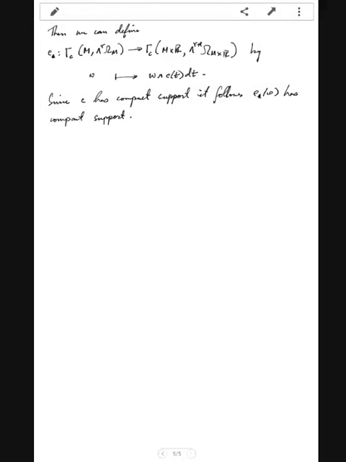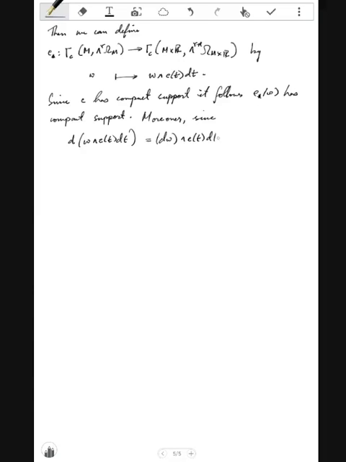Moreover, since d of omega wedge E of t dt is equal to d omega wedge E of t dt, it follows that we get a map of complexes.